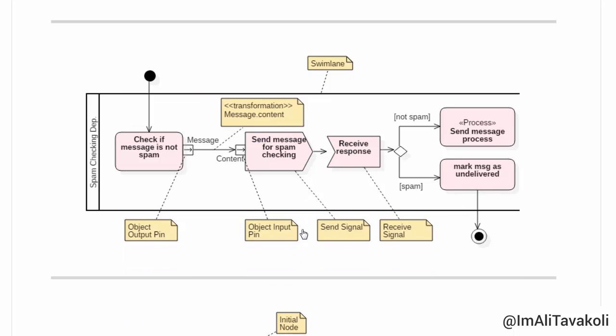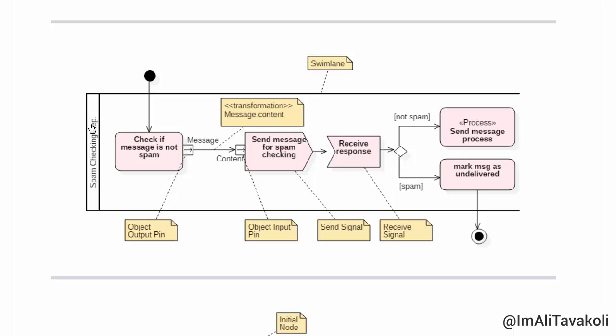In another example, we have demonstrated the swim lane, as we have discussed, to demonstrate different participants and the actions related to those participants. We will start the activity flow and check if the message is not spam. This is an activity diagram for visualizing spam checking.